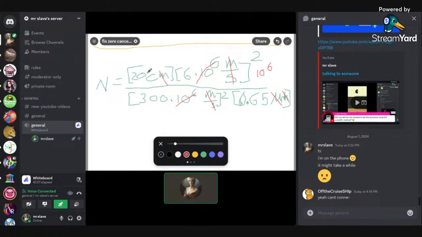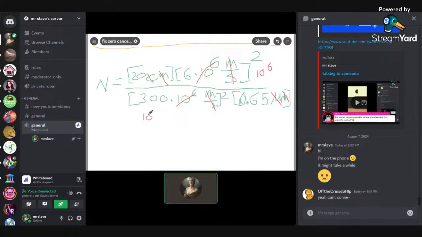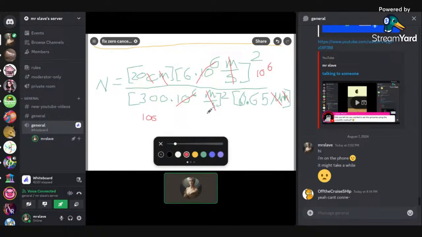And centi is per 100. So we have 100 here. Okay. Now, 0, okay, so we can do 0 from this and 0 from this. Oh, so it's going to be, okay, let's see. We'll see. I don't know.